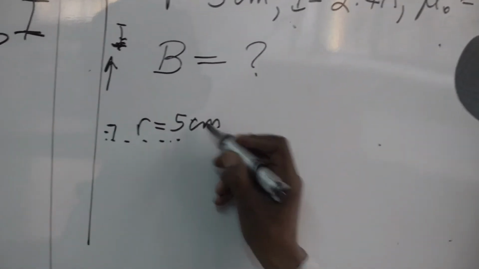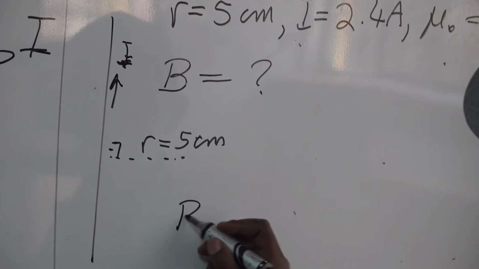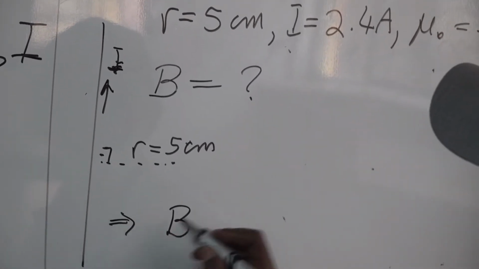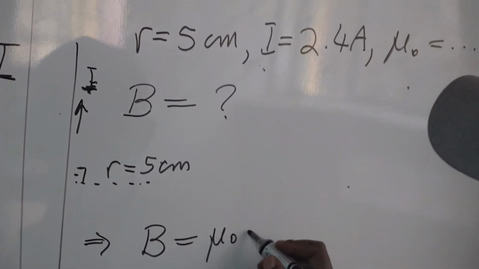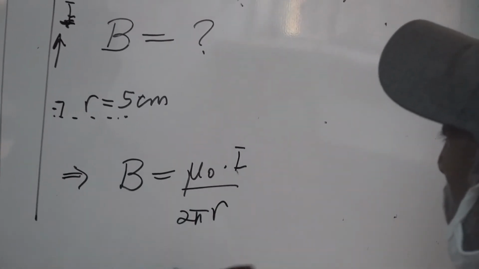So the formula, since it's something that we determine experimentally, you have to study it by heart. You say this implies B is equal to mu0 I over 2 pi r.